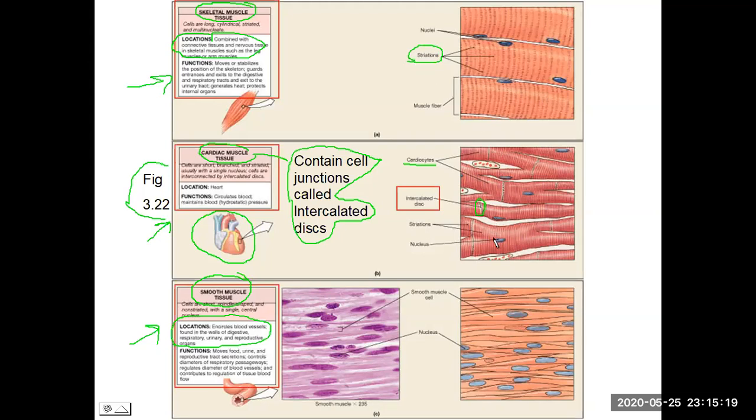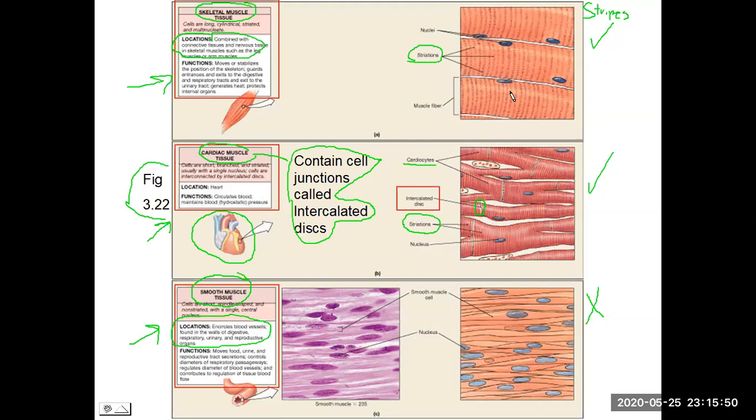They're once again present in cardiac muscle, more of those striations. However, smooth muscle lacks the striations. So we'll say the stripes, and the stripes are present in skeletal muscle and cardiac muscle, but they're absent from smooth muscle.